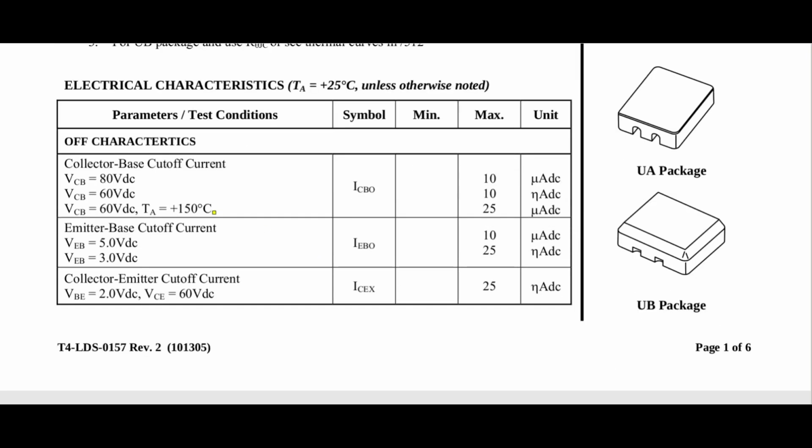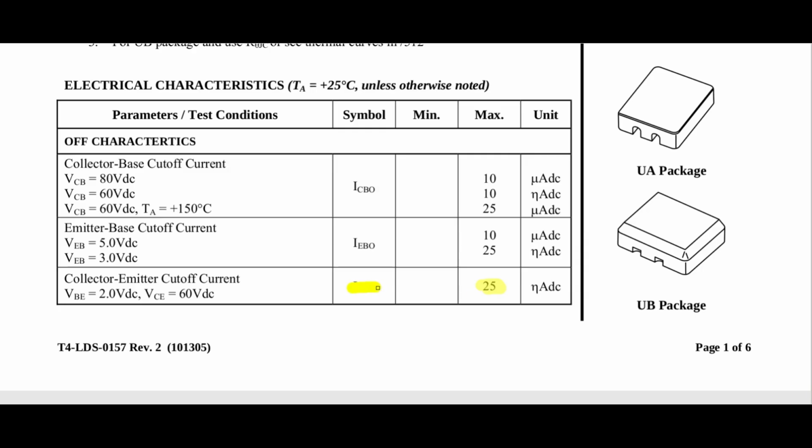The electrical parameters are also given. You see the various collector base cutoff current, emitter base cutoff current, collector emitter cutoff current. This is around 25 nanoamps. This ICEX is collector to emitter current when the base is open, 25 nanoamps.